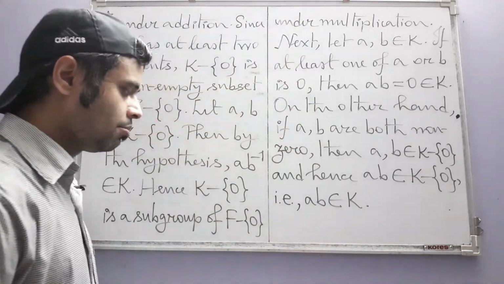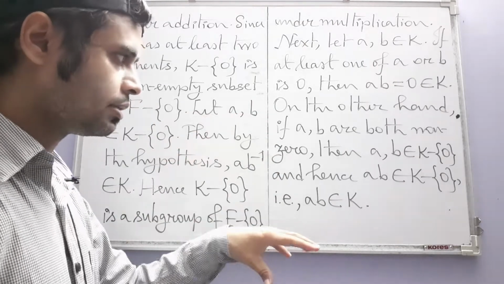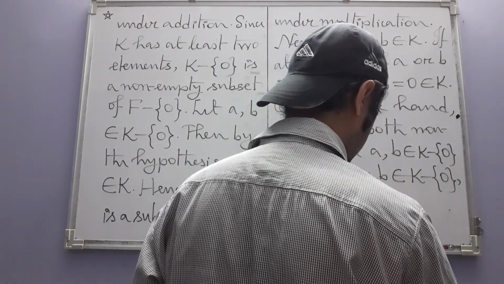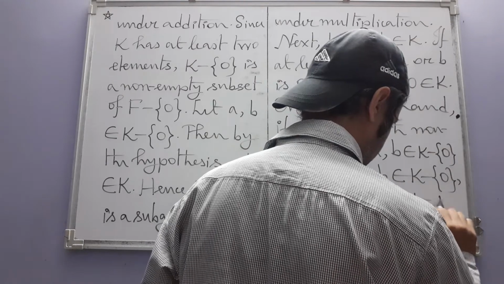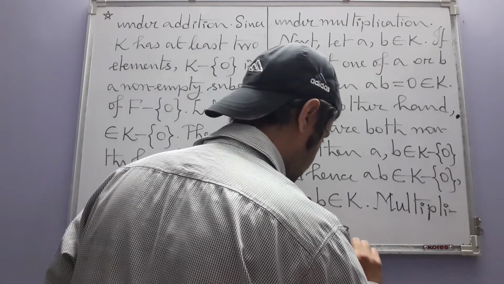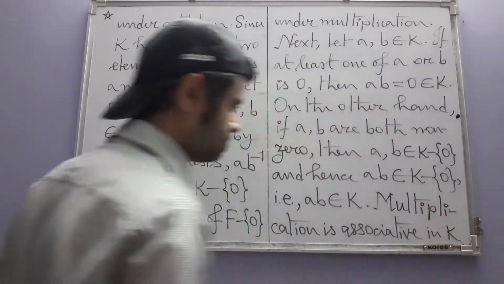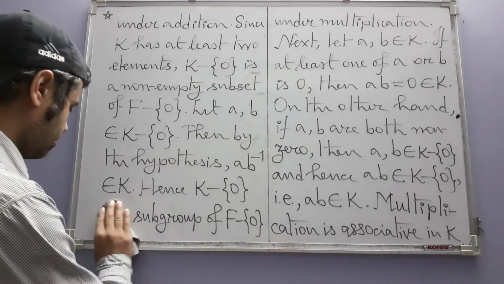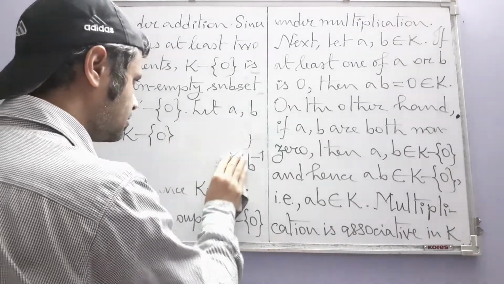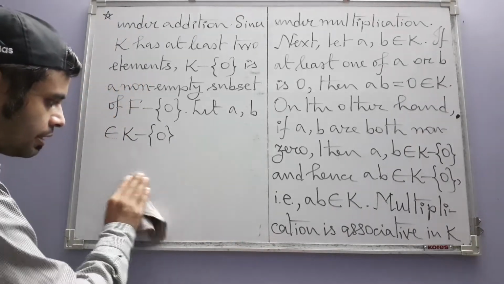What else is true? Multiplication is associative all throughout F. So in particular, if you focus your attention on K, there also it is associative, since it's associative in F. This kind of things, some axioms which are true in the large systems, are also true on any subset.